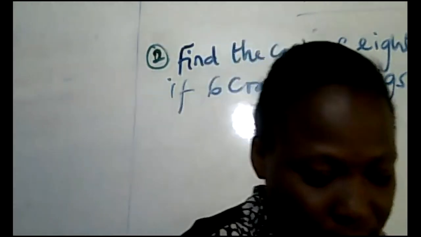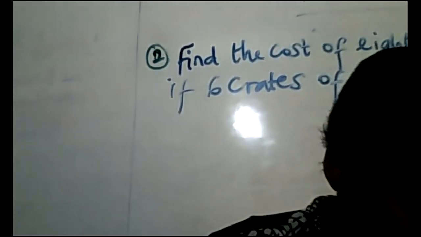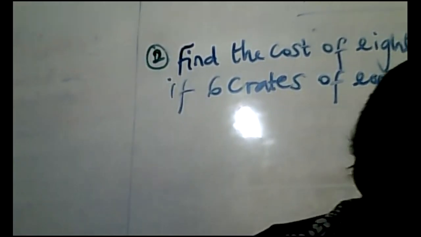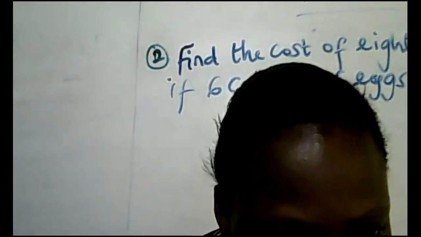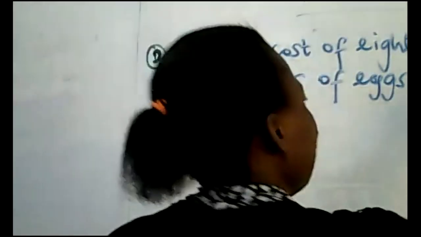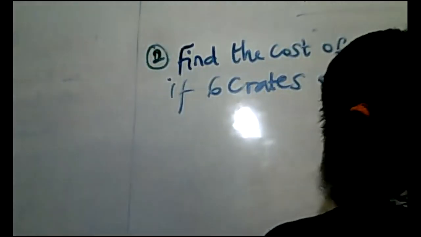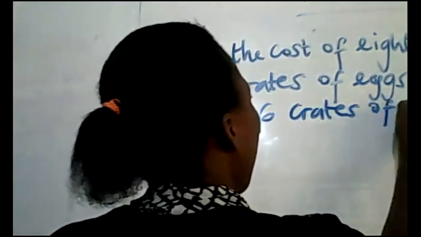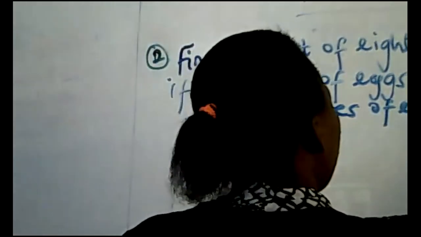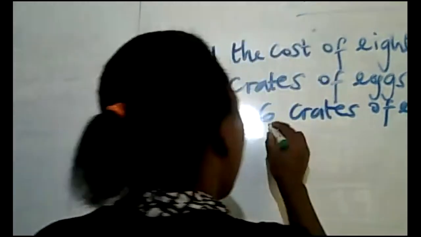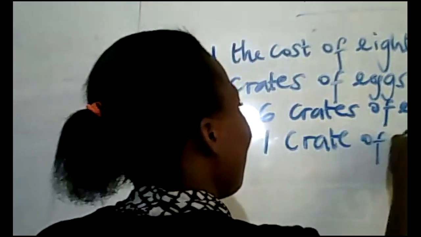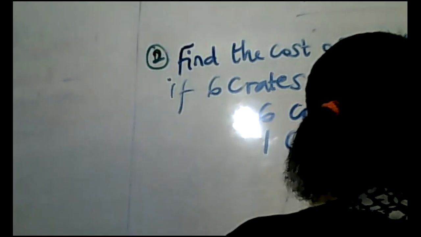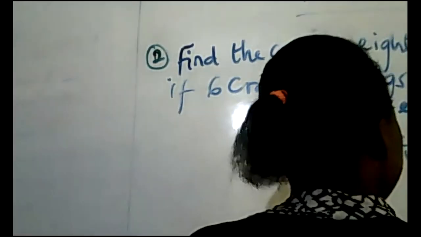If 6 crates of eggs cost 4,260, 6 crates of eggs equals 4,260. 1 crate of eggs equals 4,260 divided by 6.